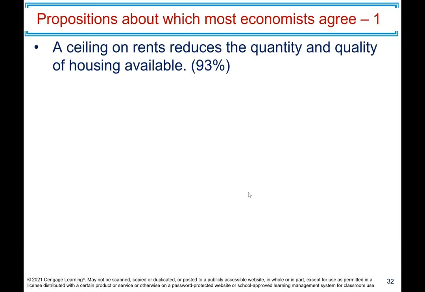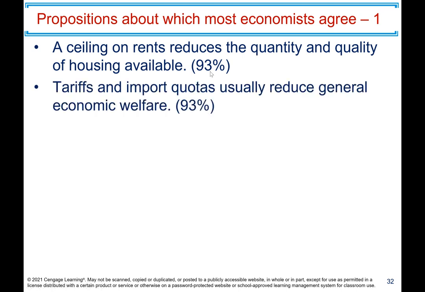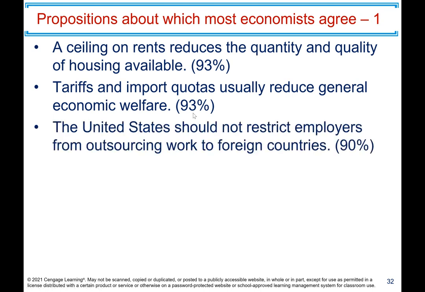Propositions about which most economists agree. First one, a ceiling on rents reduces the quantity and quality of housing available. 93% of economists agree. Tariffs and import quotas usually reduce general economic welfare. 93% agree.